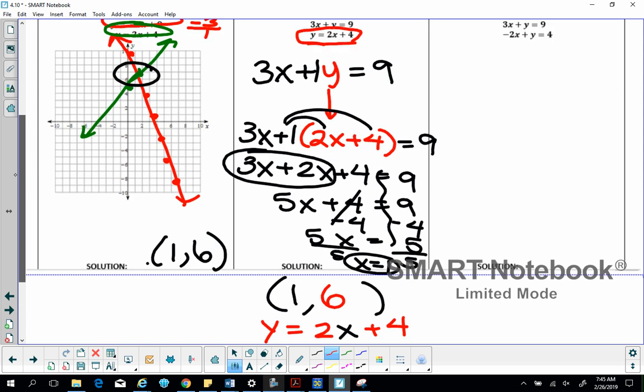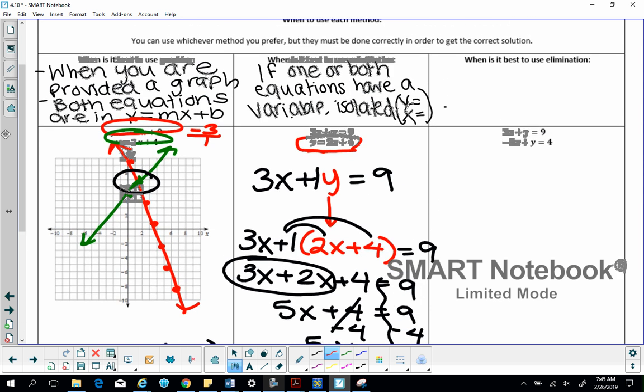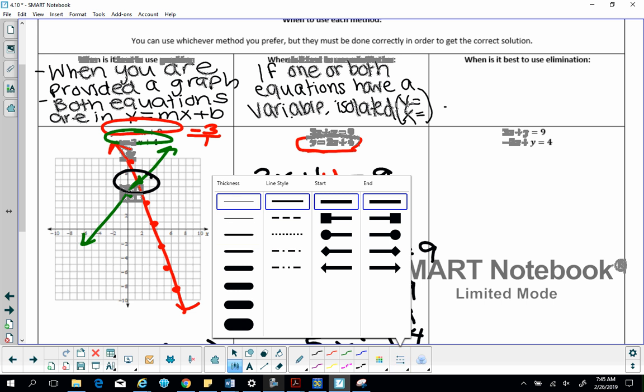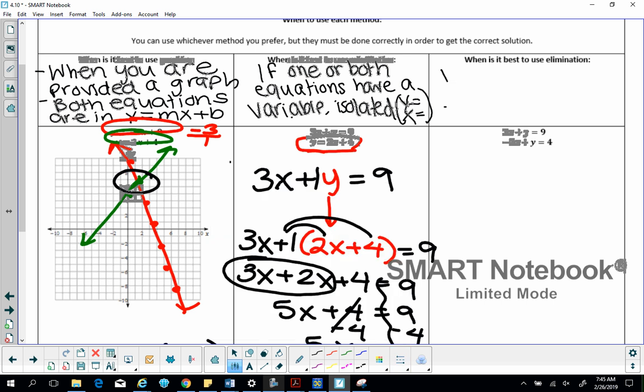Okay, last one, elimination. It's best to use elimination when both equations are in what? Beautiful, Martin. Both equations are in standard form.